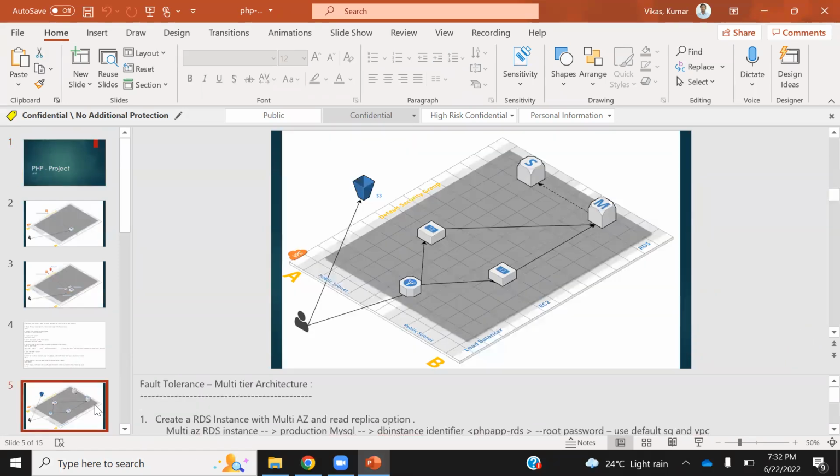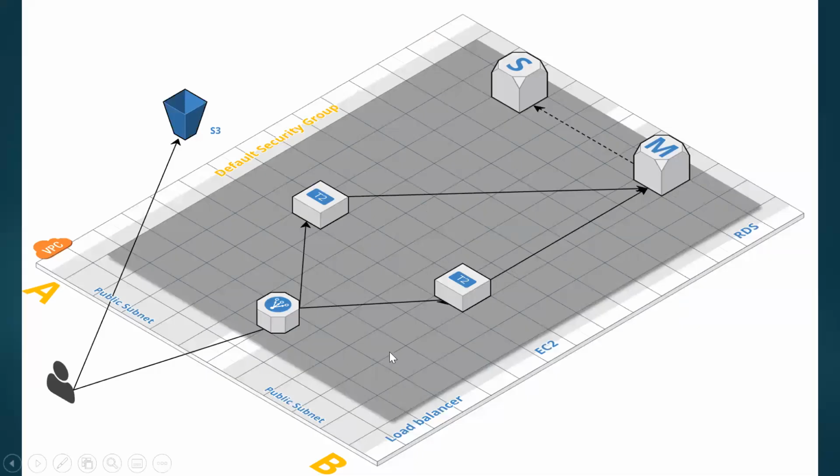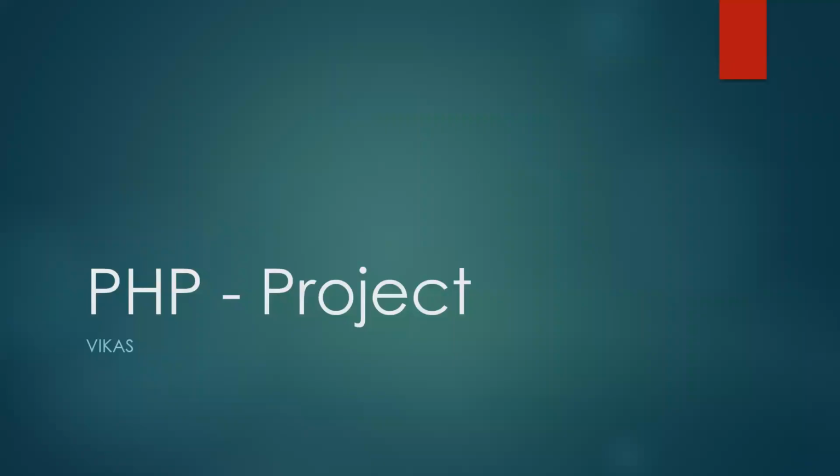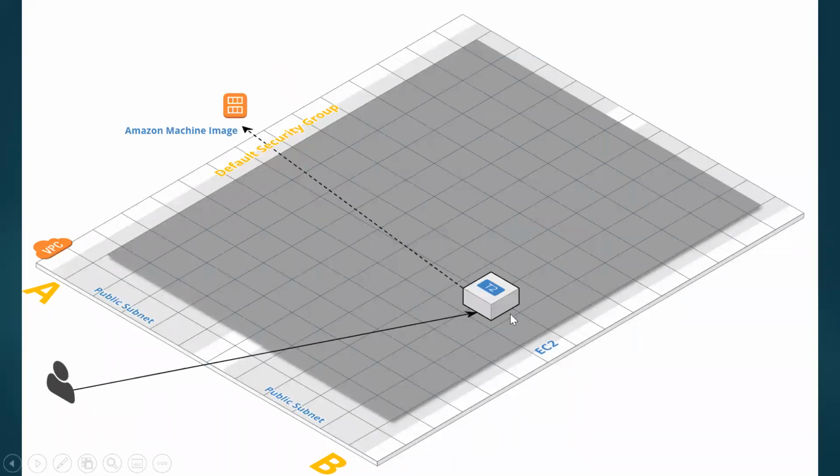Now, let's go ahead and prepare this. I will start with something like this. I will create a T2 micro instance and install everything I need, and then I will take an AMI of that, or take a backup of that, so that in future, if I need it, I will have the image.